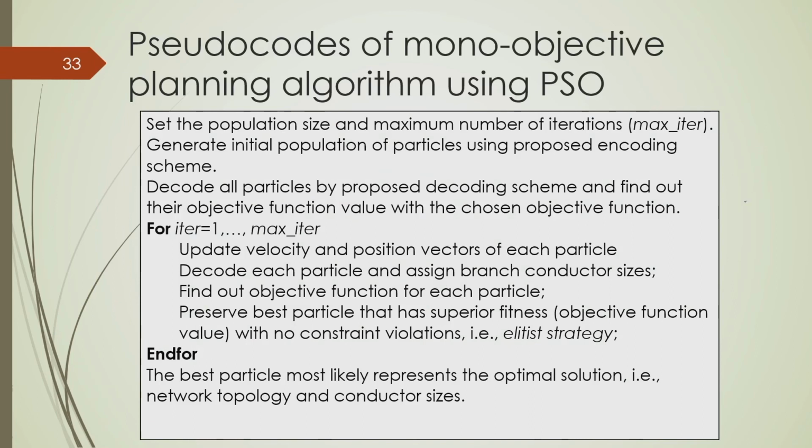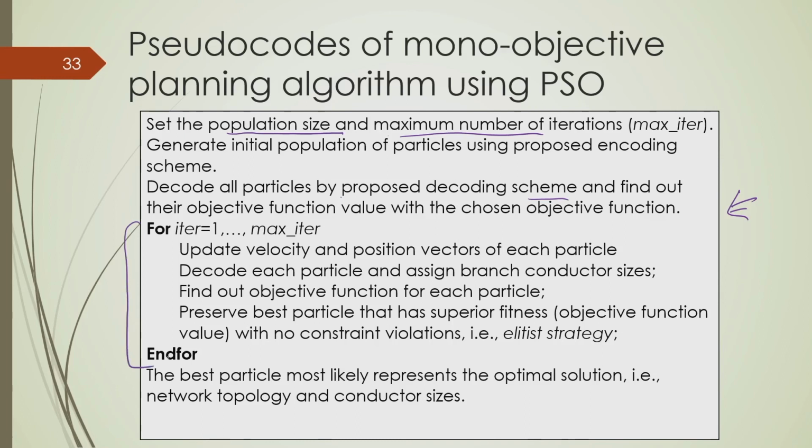Okay. So, this is the pseudocode of this mono-objective planning problem. Initially, we set the population size, that means how many particles we should utilize in the search process, and also the maximum number of iterations. Then we have an encoding-decoding technique to encode the solution and get the direct information from the decoded value.